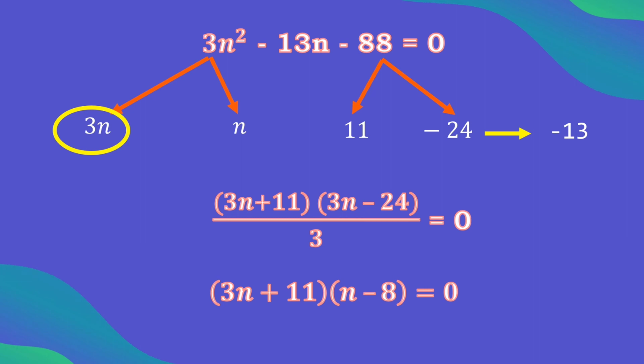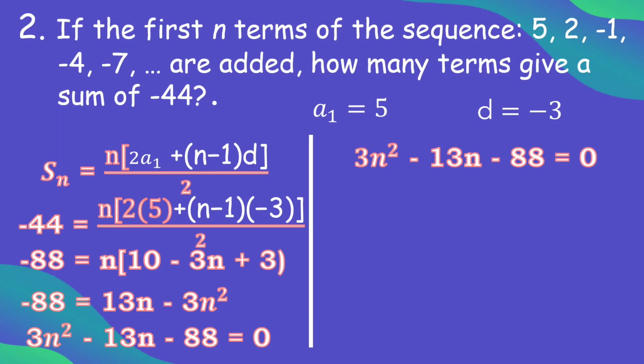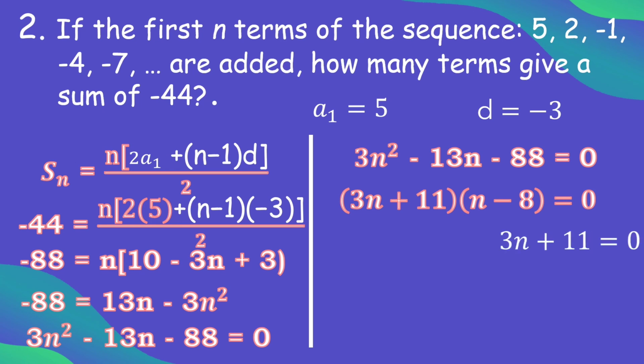Simplifying now, 3n squared minus 13n minus 88 equals 0 into the equation of its factors, we have 3n plus 11 times n minus 8 equals 0. Going back into our solution in number 2, 3n squared minus 13n minus 88 equals 0 is now simplified as 3n plus 11 times n minus 8 equals 0. Let us equate both factors to 0.